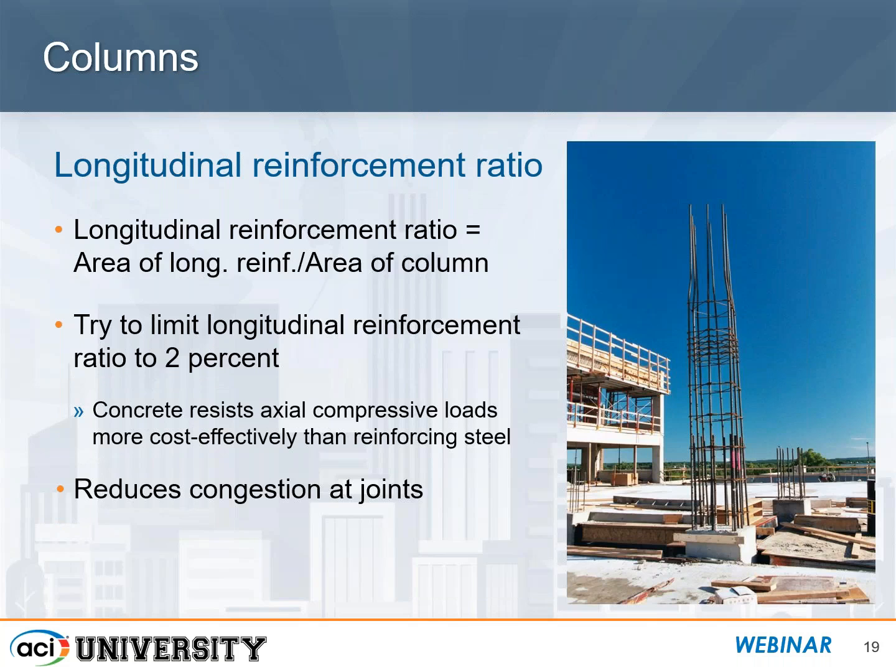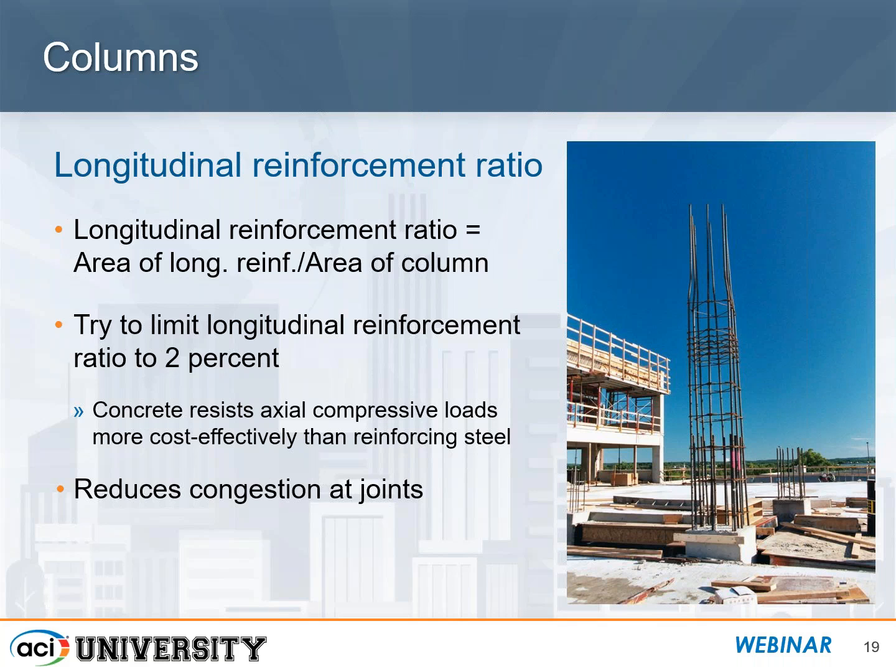So we say limit the amount of longitudinal steel in the column. Well, what is that upper limit? If at all possible, it would be great to limit the amount of longitudinal reinforcement, which is the area of that longitudinal reinforcement divided by the gross area of the column, to 2%. As we know, concrete resists axial compressive loads much more effectively than any type of steel reinforcement.